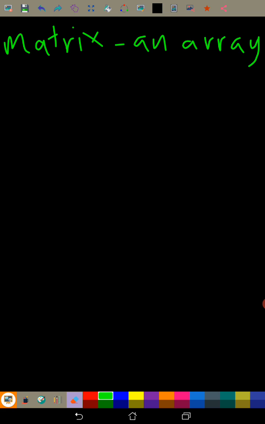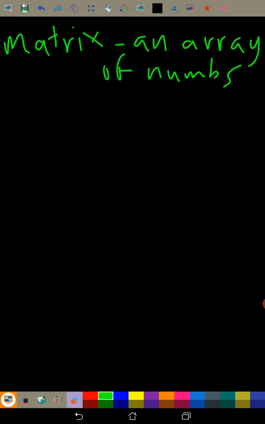And so now we're going to learn some more terminologies. So we have matrix. Since we're talking about matrix, I'm using green. An array of numbers.